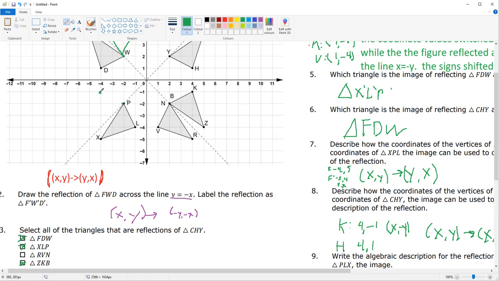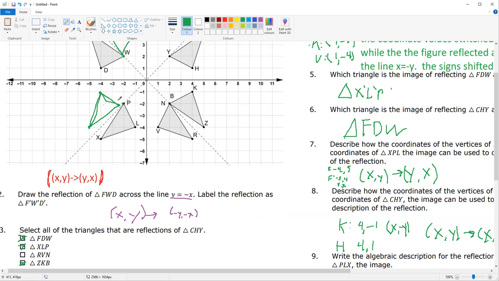And that would have been like 5, 4, so it would have been 4, 5. So it would look like this. Right, so let's do that. Yeah, there you go. Better.